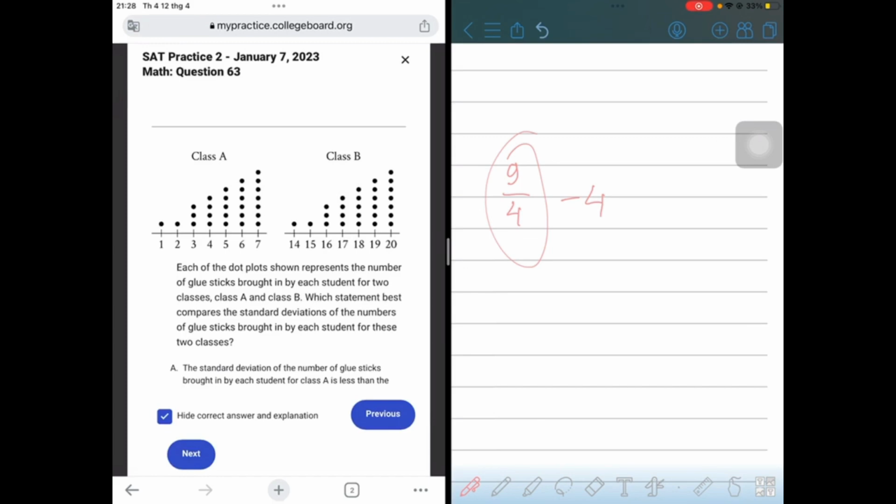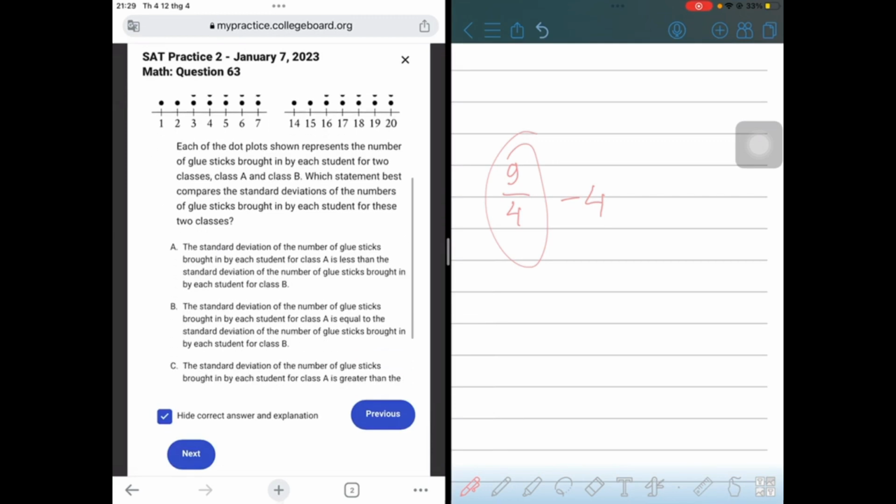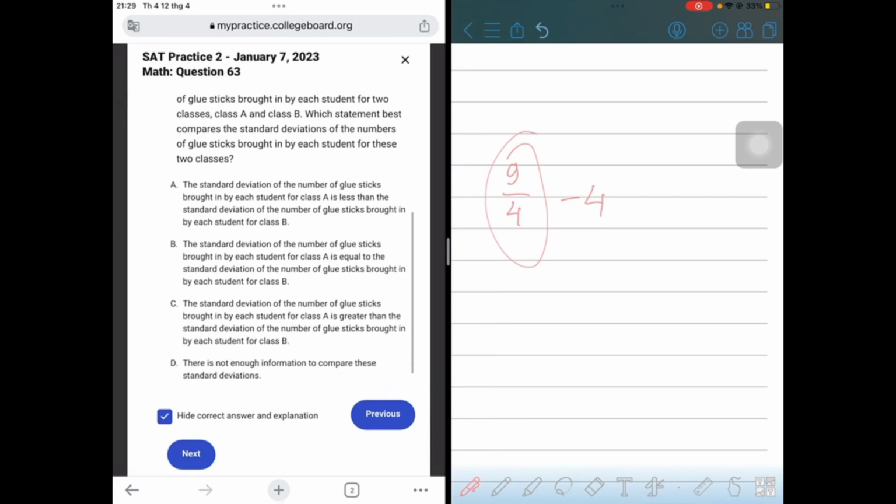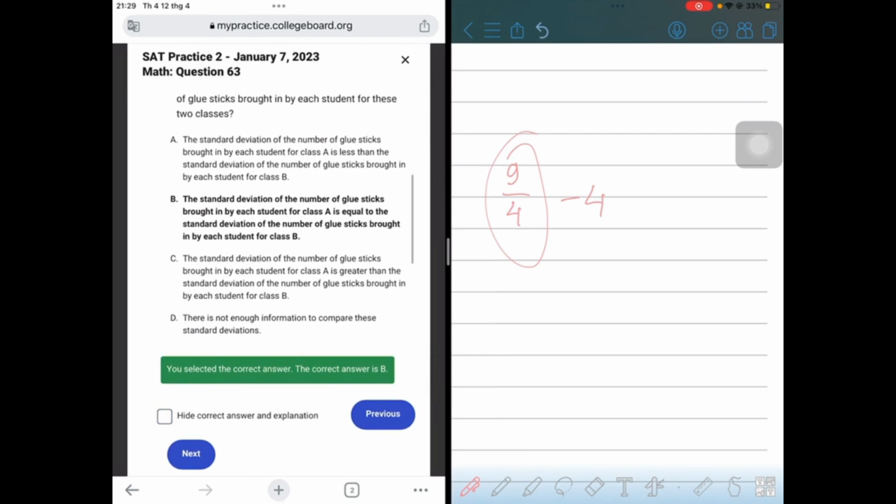So it's completely the same, so we don't need to calculate the detail. We can conclude that the two classes are the same. So the correct answer should be, let me see, B, right?